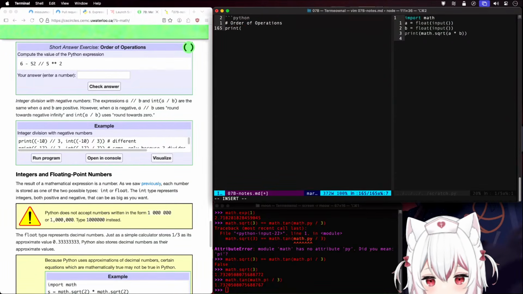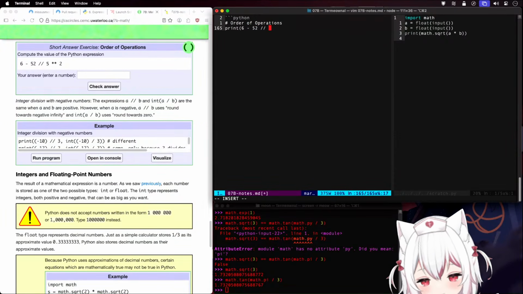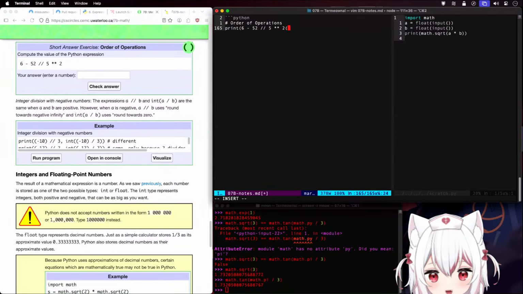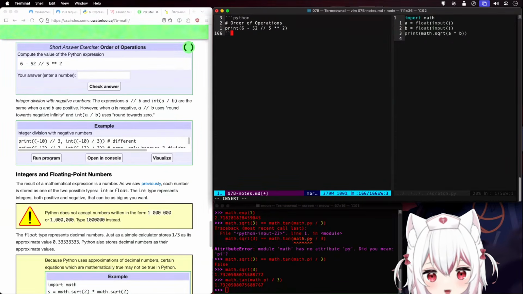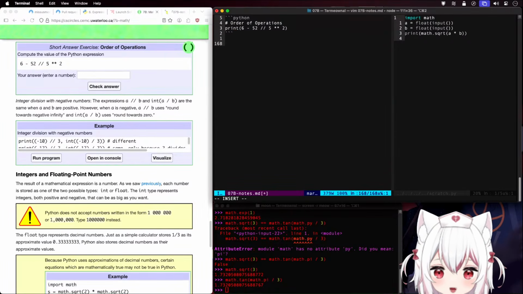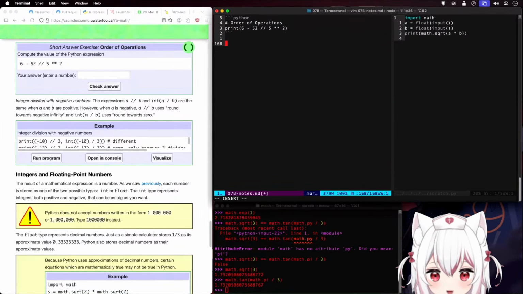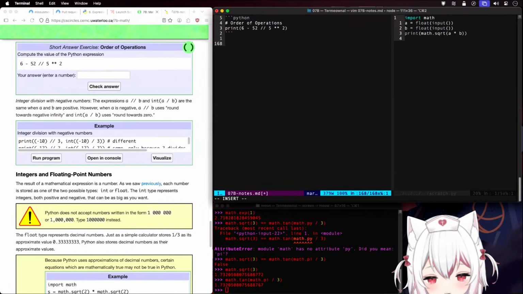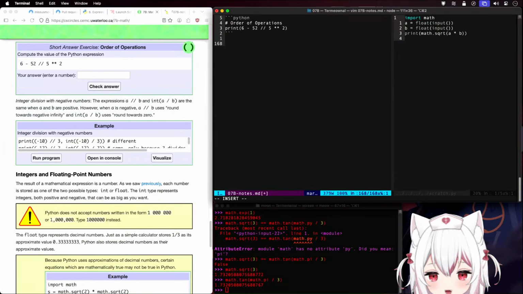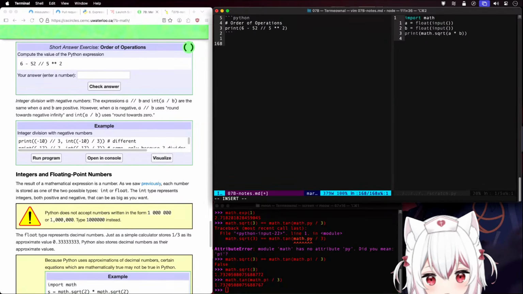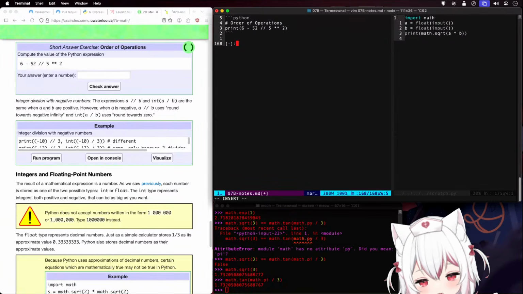What would be the output of 6 minus 5 to the second floor divided by 2... 5 to the second is 25. 52 floor divided by 25. So how many times does 25 go into 52? 2 times, ignoring remainders. 6 minus 2 is 4. So it should be 4.